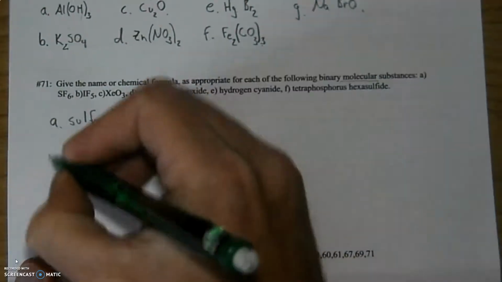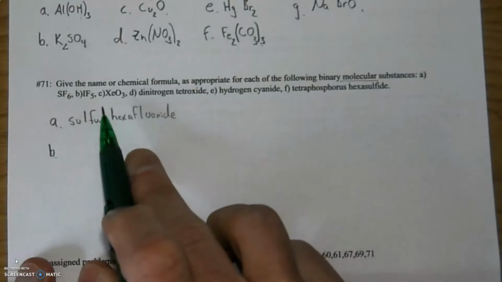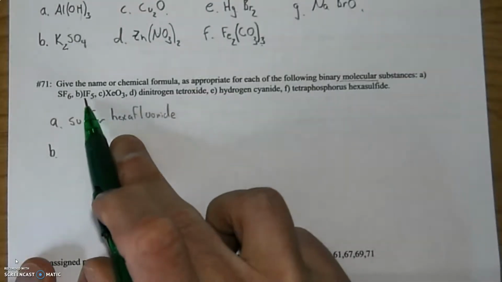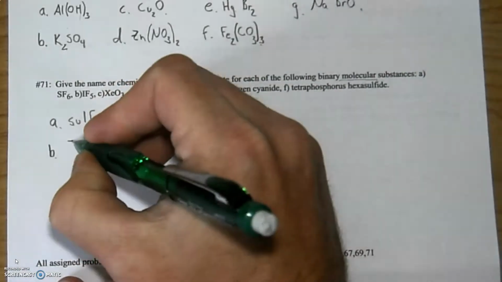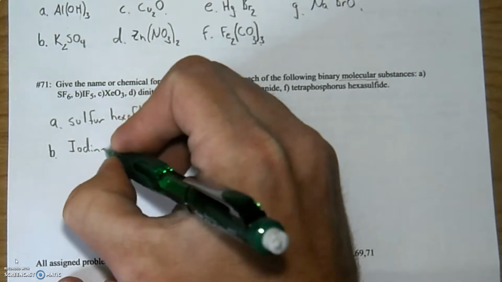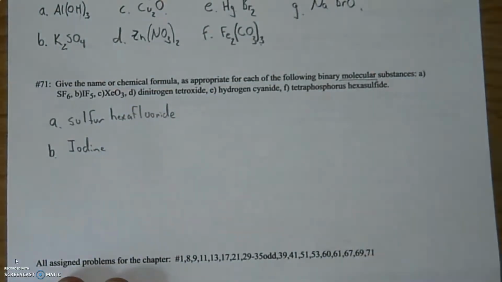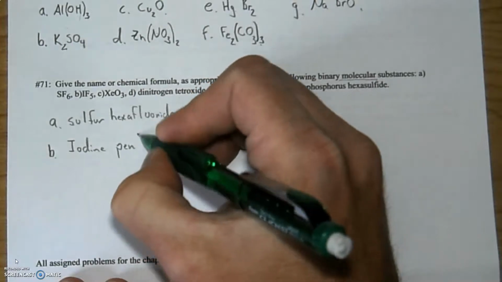Okay. B, it tells us, is IF5. So I only have 1 iodine. And it doesn't matter. Well, I guess it does. I'll deal with that when we get to an example. Iodine, and there's 5 fluorides. So that'll be pentafluoride.